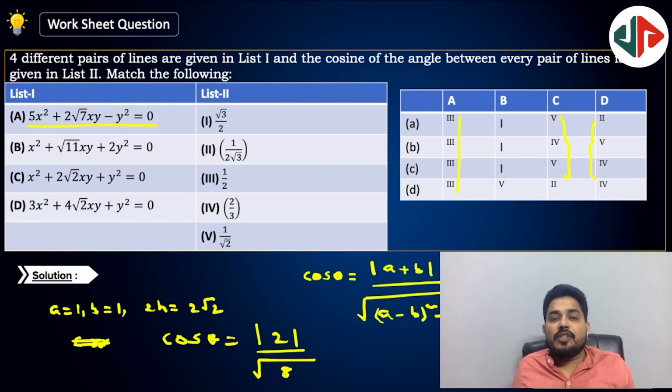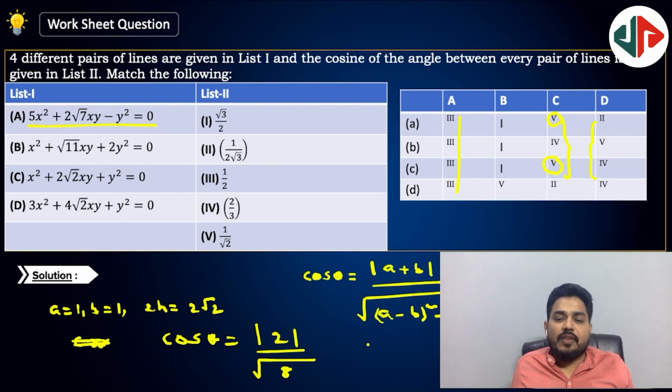So it is going to be 1 by root 2. So either A option or C option is going to be correct. Then you go for the D.